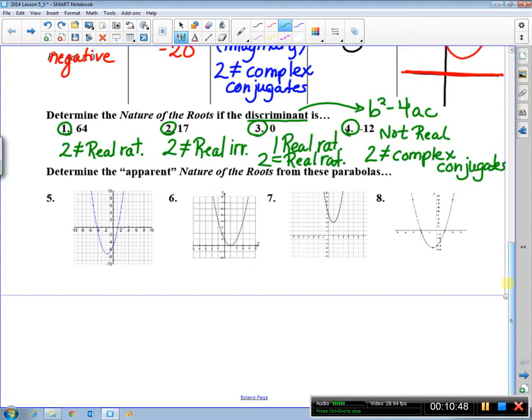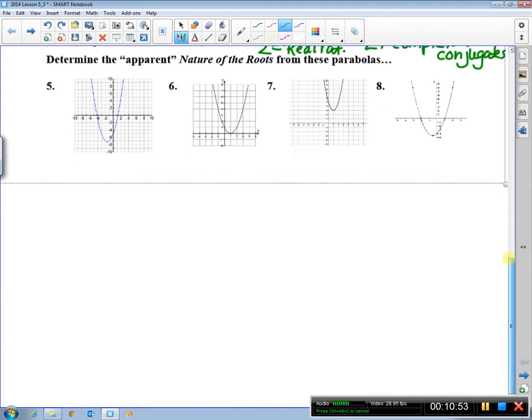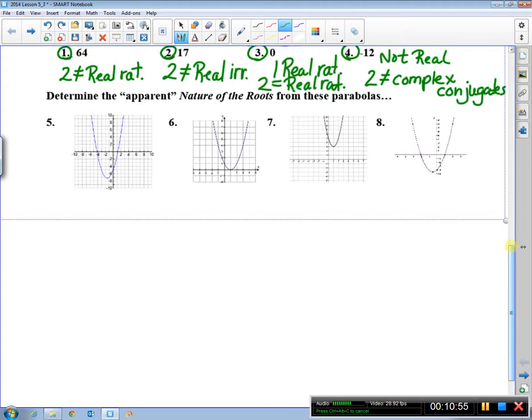Let's look at the pictures. Maybe pause the video for a moment. See if you can look at these pictures and tell me what the roots are like. Pause the video, try them, and you'll see the answer in just a moment. Calling this one irrational because it doesn't quite hit perfectly and I'm suspicious. Officially, we'd need the equation, but you get the idea.